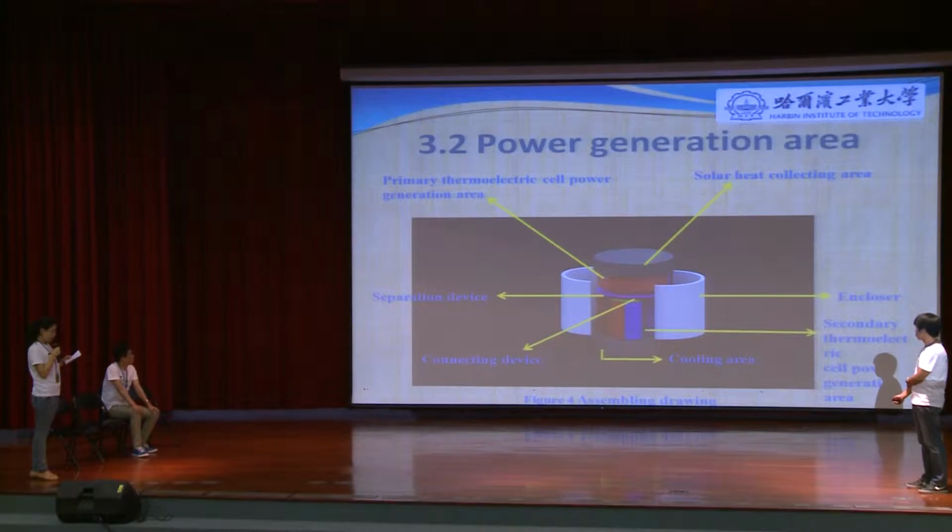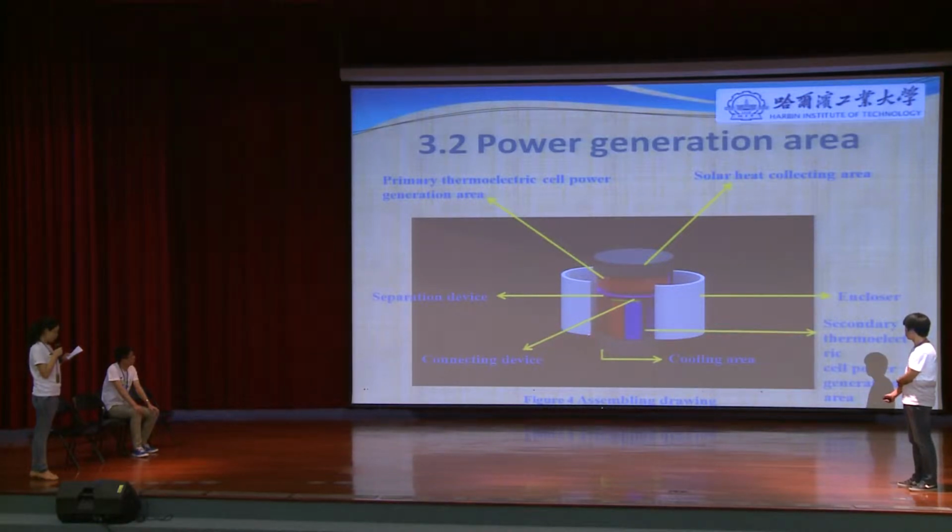Between these 2 sections are the separation device and the connecting device. The separation device is used for separating the 2 power generation areas. Meanwhile, it is also used for connecting the semiconductor materials with the copper sheet inside. And then the connecting device is used to connect the semiconductor material of the secondary generator area.